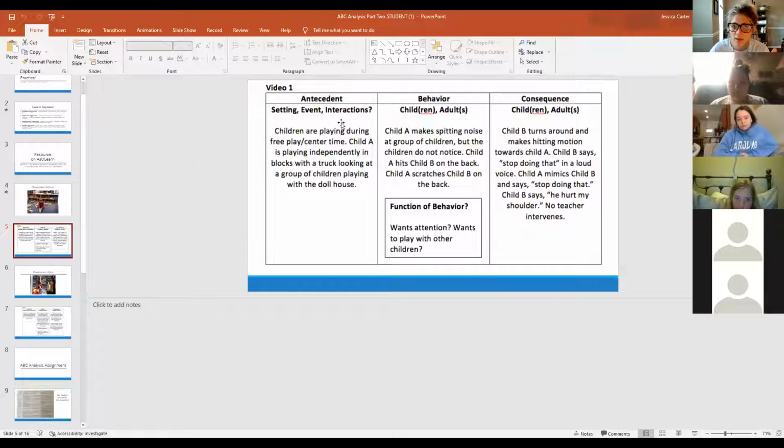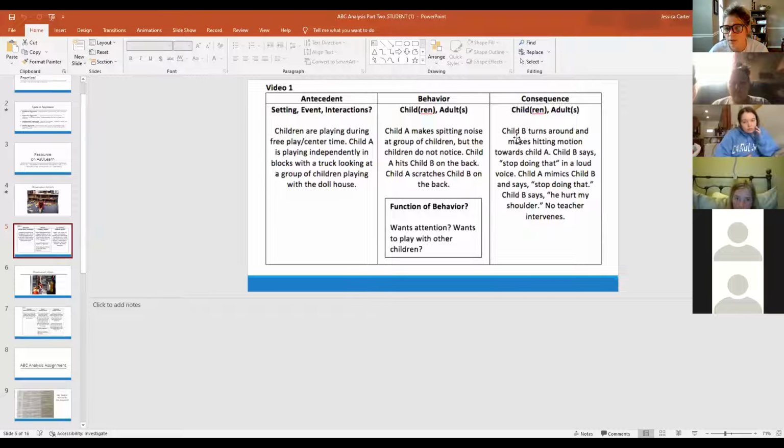So what was happening antecedent wise is that several children are playing during free play in the block area. Child A is playing alone with the truck and he's watching the other children play. Then we saw the behavior of the spitting noise, hitting and scratching, right?